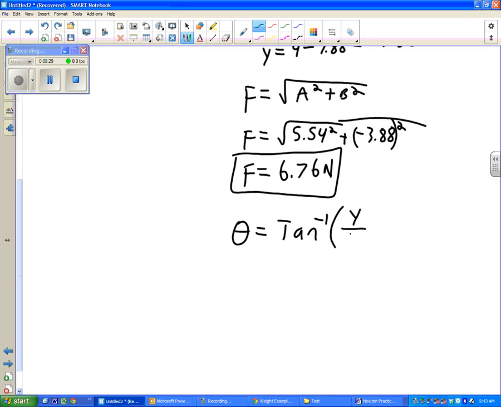And my opposite is my y. My adjacent is my x. So my angle is going to be equal to the inverse tangent of y, negative 3.88, over my x, which was 5.54. And I put that into the calculator to get an angle of negative 35.5 degrees.